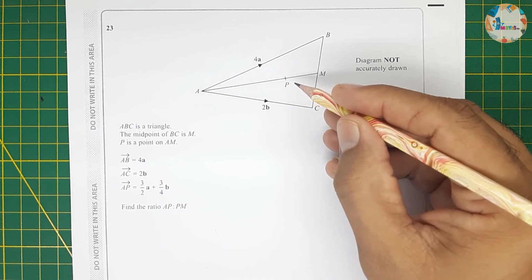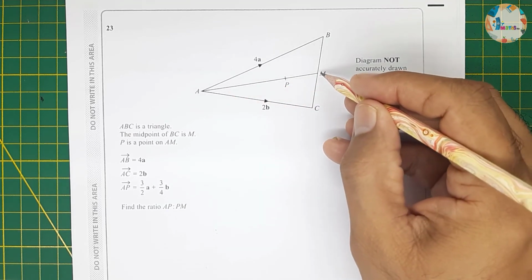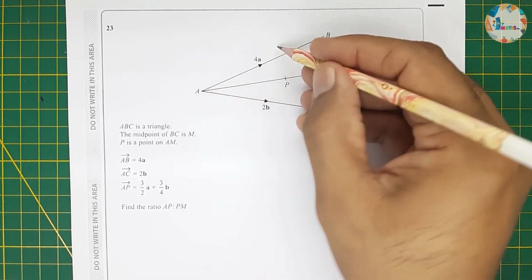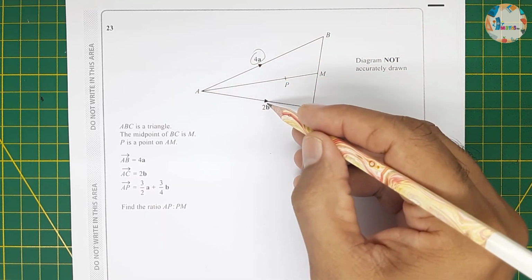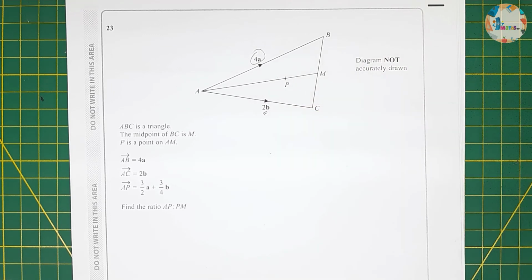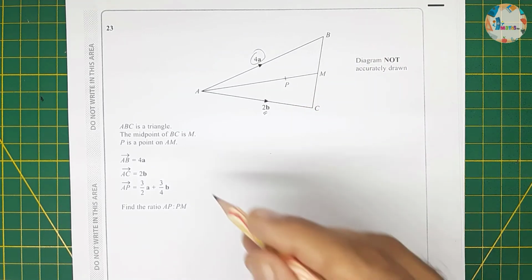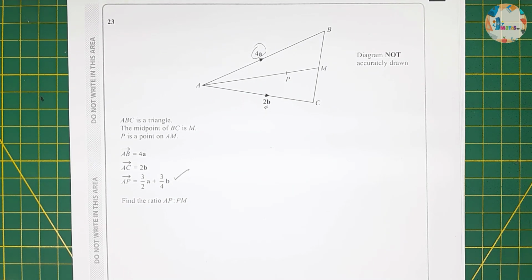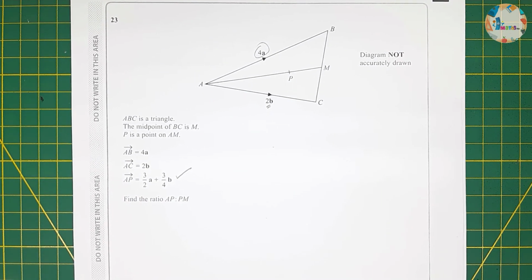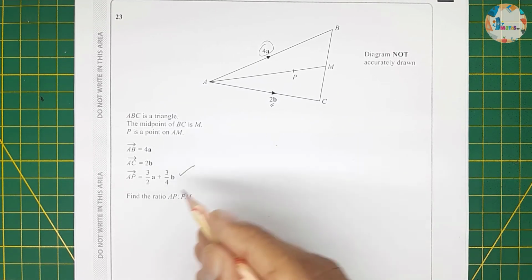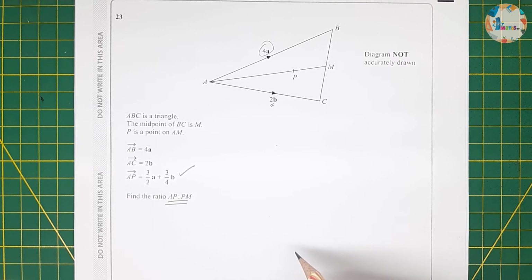So P is on AM, which is this one, and AB is equal to 4A, and AC is equal to 2B, which is also given. Now AP is also given as 3 by 2 A plus 3 by 4 B. So this is the value given. Find the ratio of AP and AM.